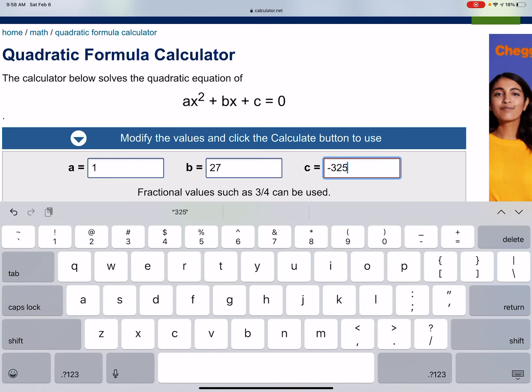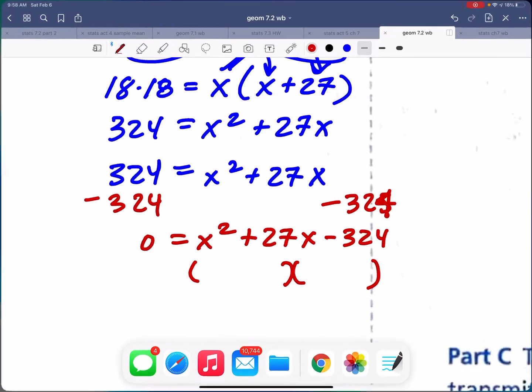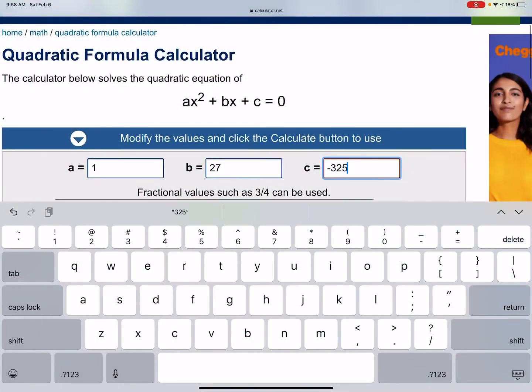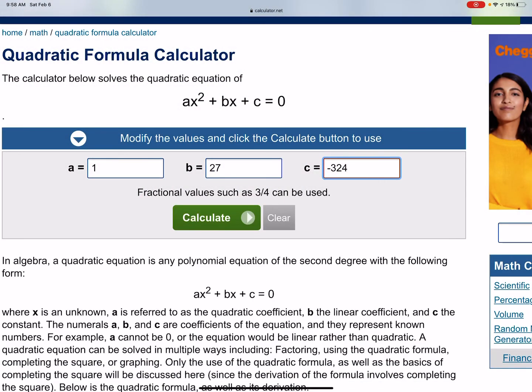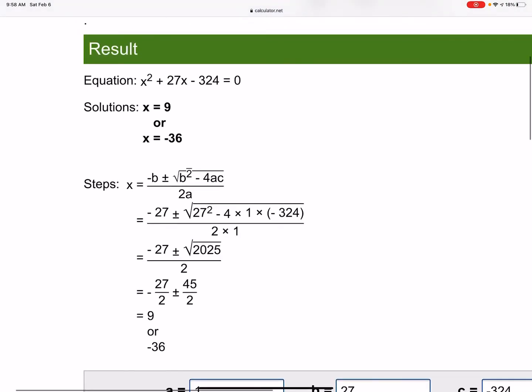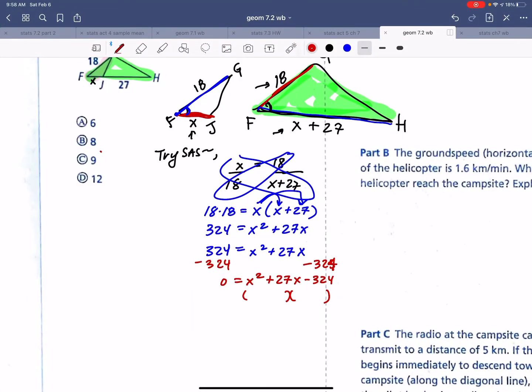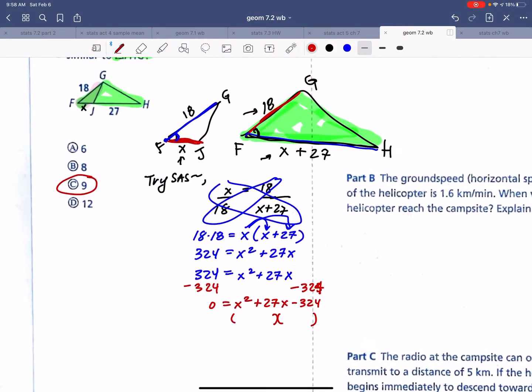Negative 325. Let's go back. Let's double check that. X, 27 and negative 324. Okay, negative 324. So let's see what we get. Okay, so we get either positive 9 or negative 36.